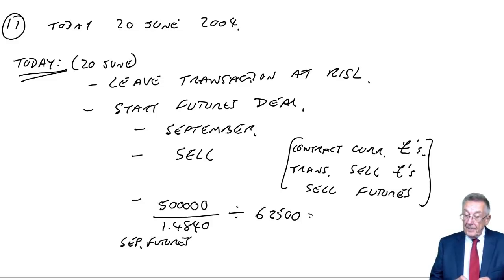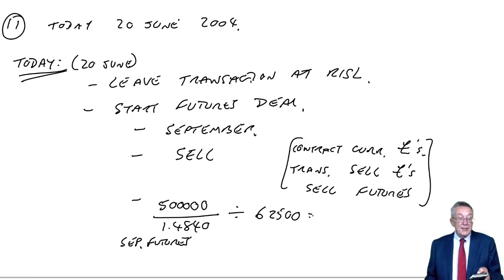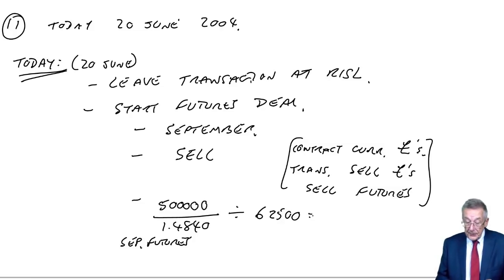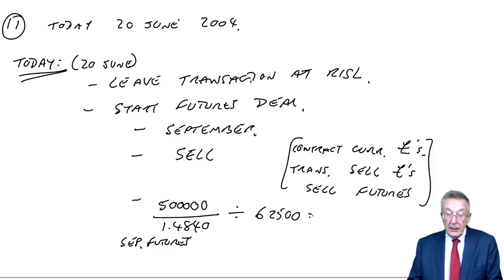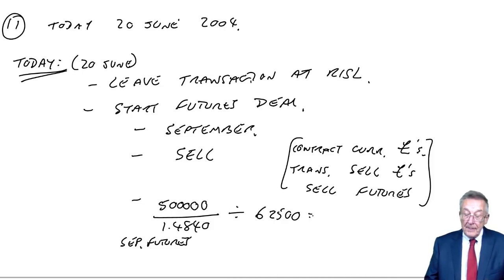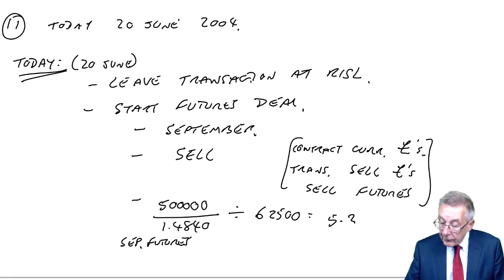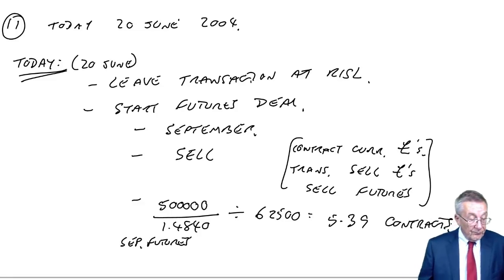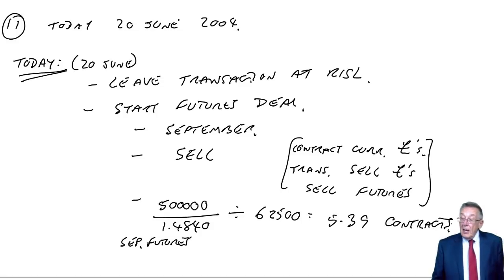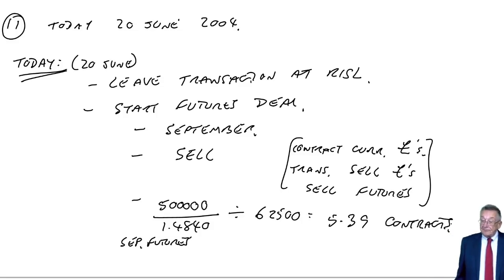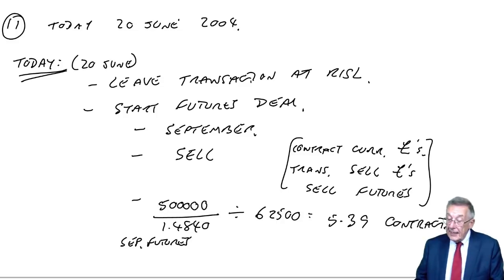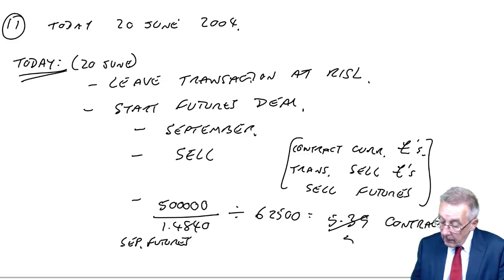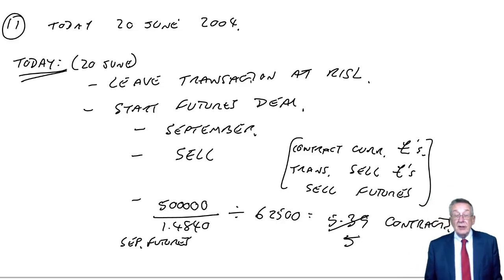So how many does it come to? $500,000 divided by 1.4840 is equivalent to £336,972. Divide by contract size, I get 5.39 contracts. And as I said before, round to the nearest whole number, we'll actually deal in 5 contracts.